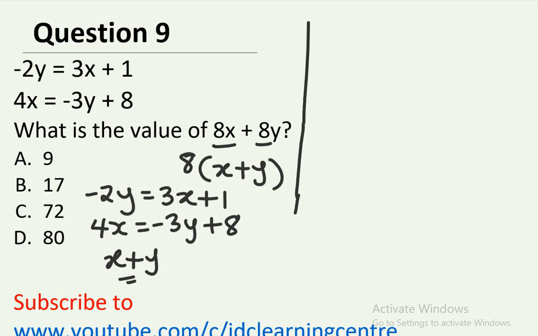So, bringing the variables or sorting them, for the first equation, we have minus 2y. Now, move this 3x to the left hand side. It will become, that's plus 3x becomes minus 3x, equal to 1. We can still rewrite this. Let me just rearrange it this way.